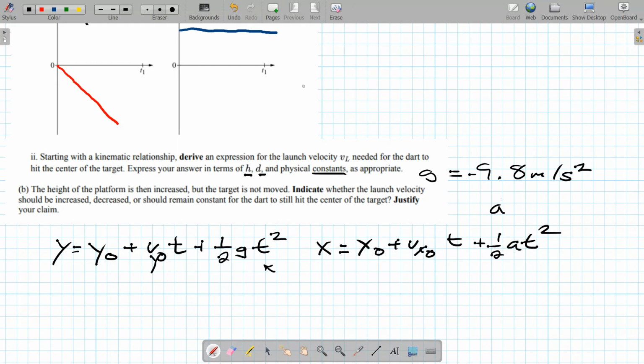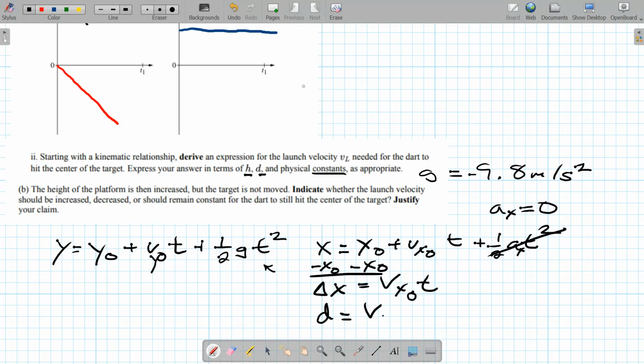But the acceleration in the x direction is equal to 0 if we ignore air resistance. So this term goes away. If I subtract x naught from both sides, I get delta x is equal to v sub x initial times time. So that's where that comes from. But delta x is really d if we look at the picture, right?